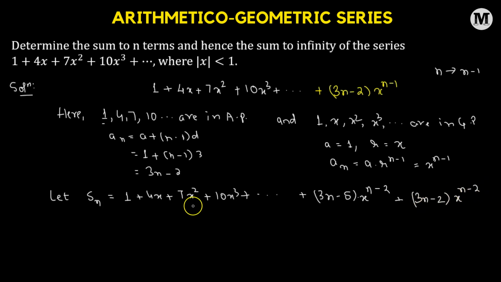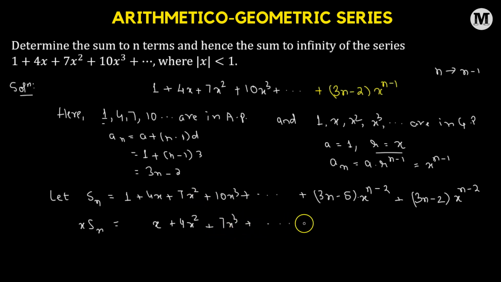And then we have the nth term, 3n minus 2 multiplied by x raised to the power of n minus 1. Now we will take that same sum Sn, and multiply each term with the common ratio of the geometric progression, which is x in our case. So we'll find x Sn. When we multiply x with the first term 1, that gives us x. Then we have 4x. When we multiply with x, that gives us 4x squared, added to 7x squared times x, that's 7x cubed.